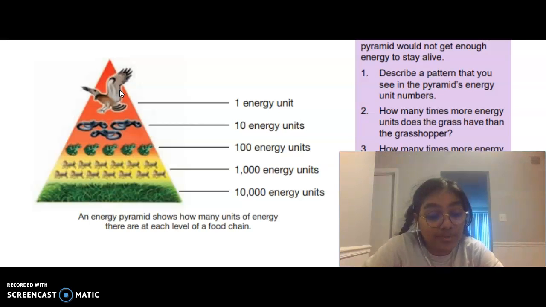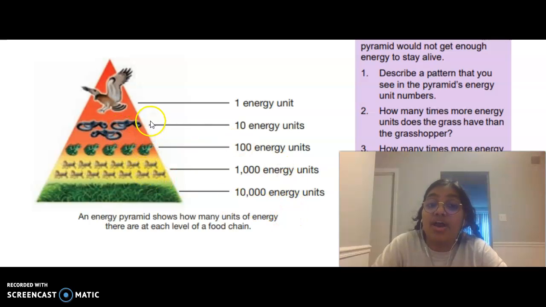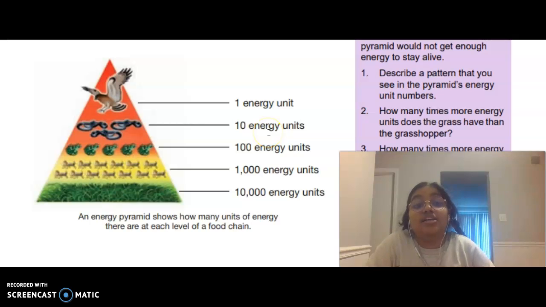That's why when we eat plants, people say you'll get a lot of energy because we're directly eating the producers, which means that if we eat them, we would get approximately 1,000 energy units compared to if we ate, let's say, fish or chicken. As we go higher and higher up, we get less and less energy.